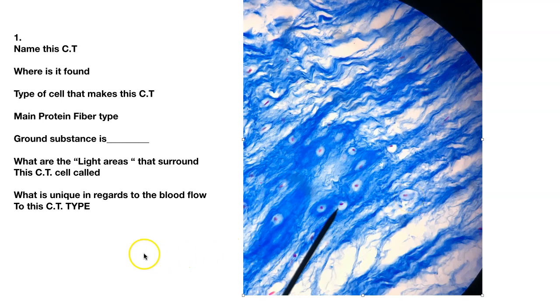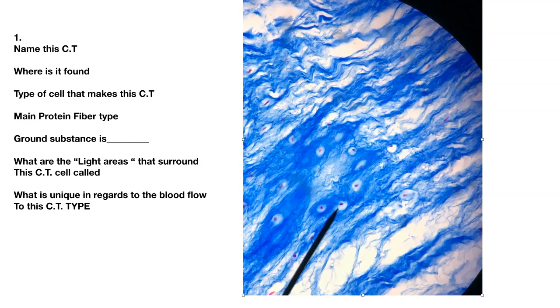And then the last question regarding this slide, what is unique in regards to the blood flow to this particular general connective tissue type? So that's it for question number 1. A lot of questions, and basically you should be asking these type of questions yourself when you're reviewing any tissue slide.